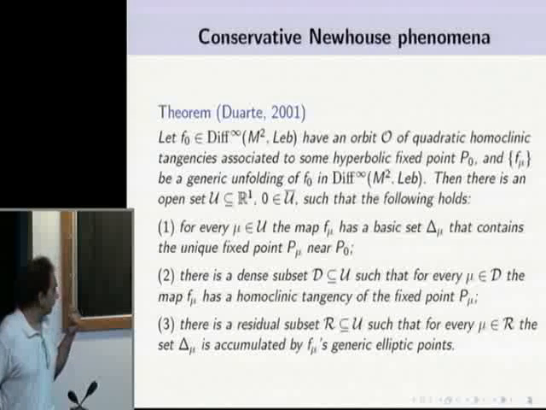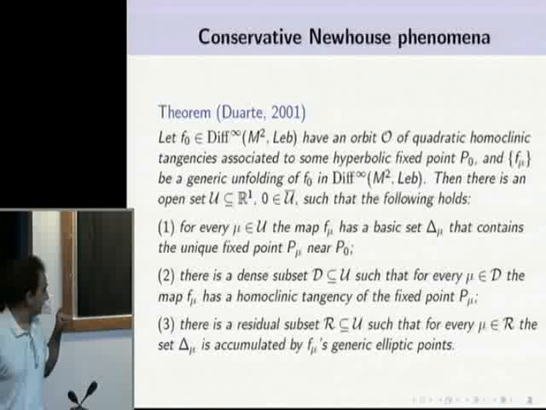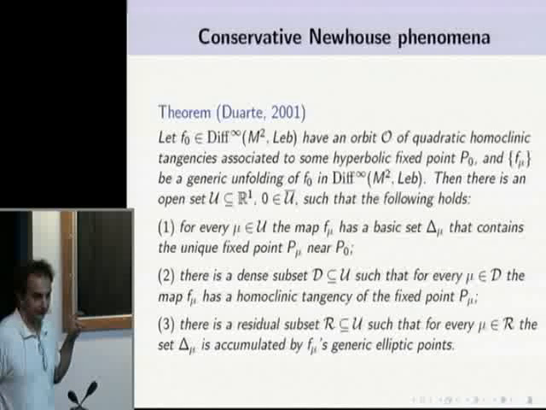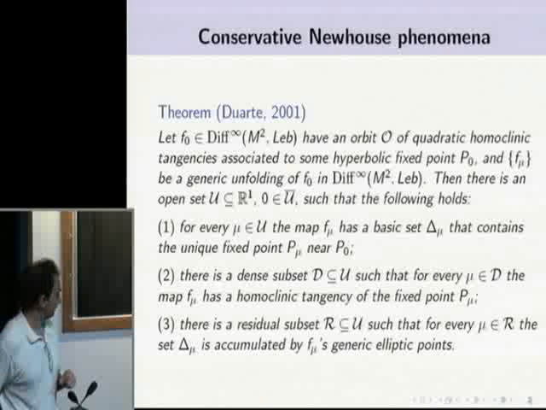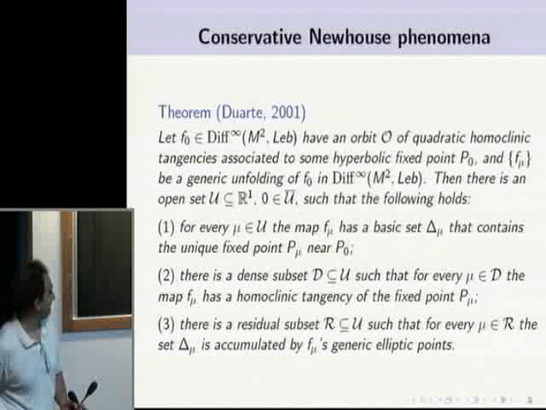And for some residual subset in that interval of parameters, the corresponding maps have lots of elliptic islands, and those elliptic islands will be accumulated on the horseshoe that was constructed. So that's, roughly speaking, the conservative analog of the original Newhouse result.